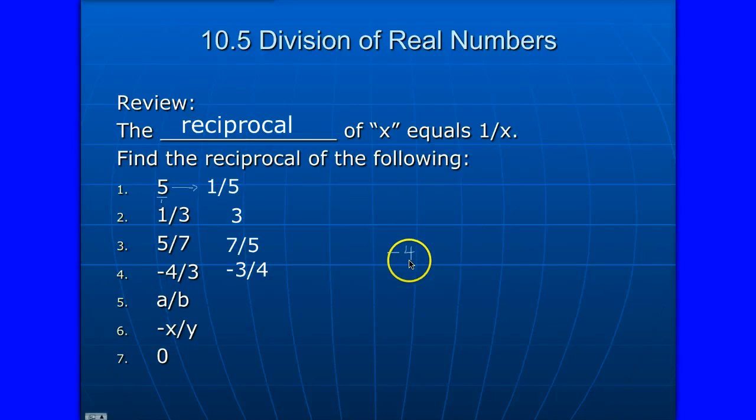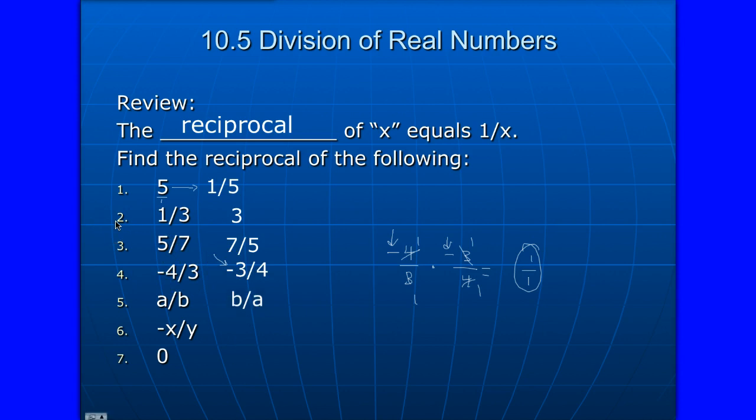So if you take negative 4/3 and multiply it times negative 3/4, you can see that the common factors cancel out. 1 times 1 is 1, 1 times 1 on the bottom is 1, a negative times a negative is a positive. Therefore, the reciprocal will keep its sign.